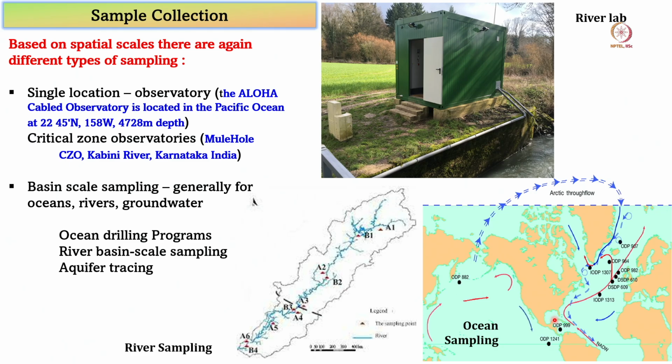Now, based again on the spatial scales, there will be different types. So first is single location. So you select a very critical site. A critical site means, again, related to your research objective. You can select a particular site which you think is a very pristine site or is a control site, as you can say.